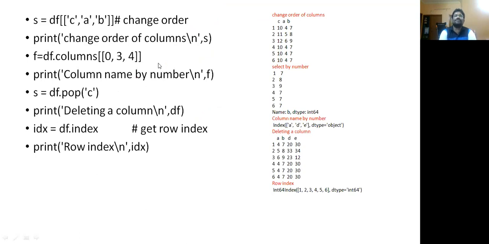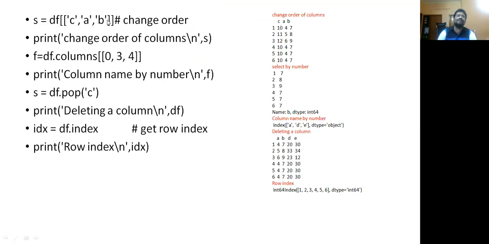Change order. Suppose the frame contains the columns A, B, C, D. If you want to change the order of the columns, we can use a list inside df's square brackets.